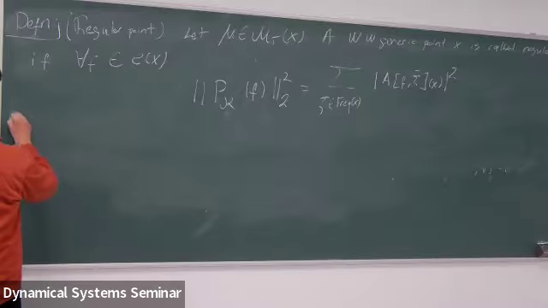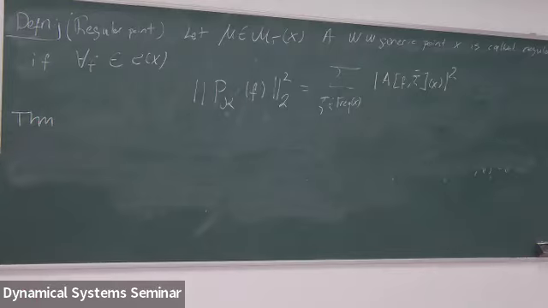So for this example, if you have finitely many points in your space, then you are uniquely ergodic, then all points are regular. Are all points regular if you have a finite space? If your space is uniquely ergodic, then all points are regular.